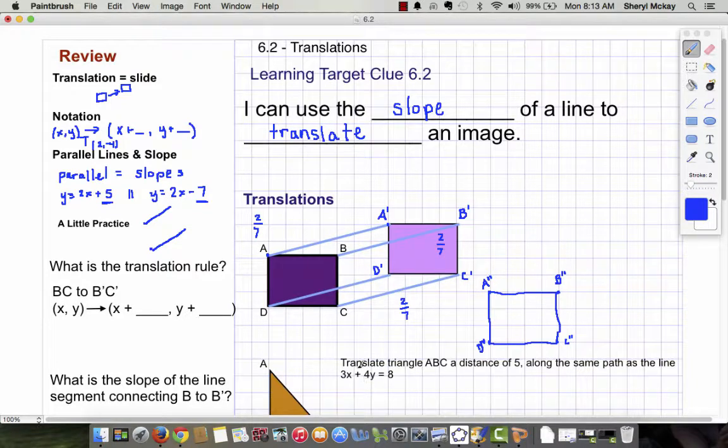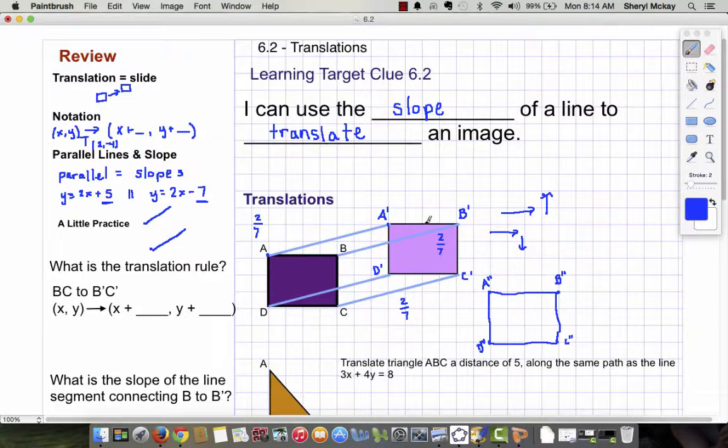Often what you're doing is saying I'm going over a number and up a number, or over and back and up, or down and up, or whatever we're saying our translation is, whether we go this way and then down, or this way and up, we know we can figure out the slope of the line that is connecting those points. So that's just kind of a cool thing. And then you can use the slope of the line to also translate that image.